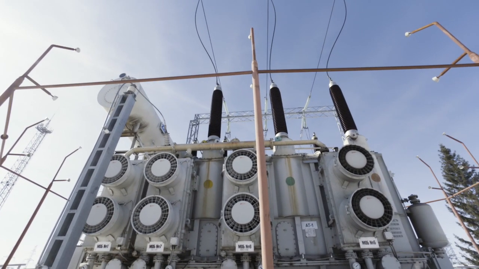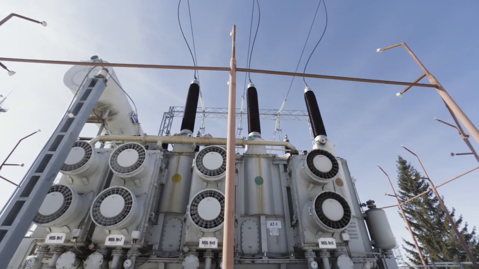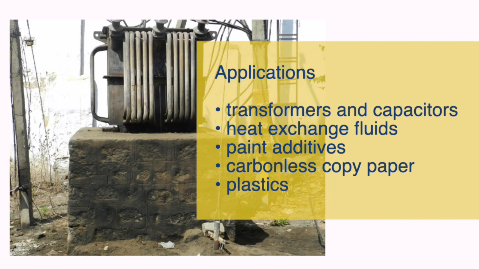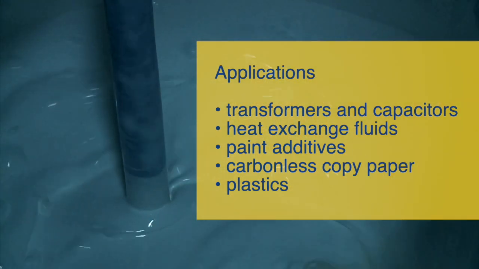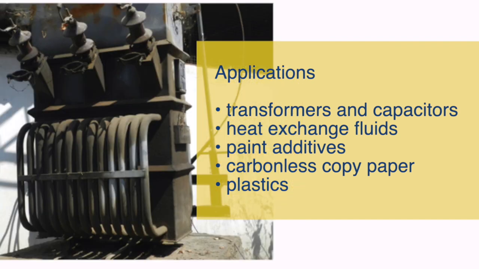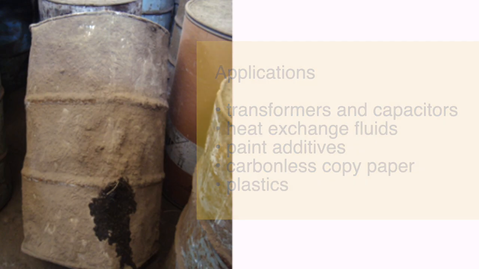PCBs have been used for a variety of industrial processes and purposes, including electrical transformers and capacitors, as heat exchange fluids, as paint additives, in carbonless copy paper, and in plastics.